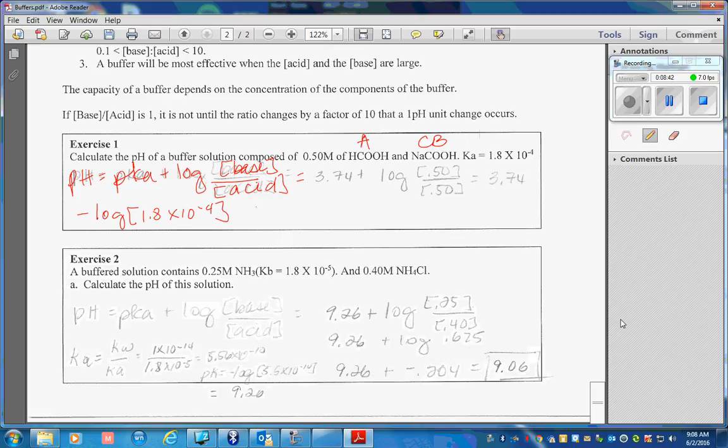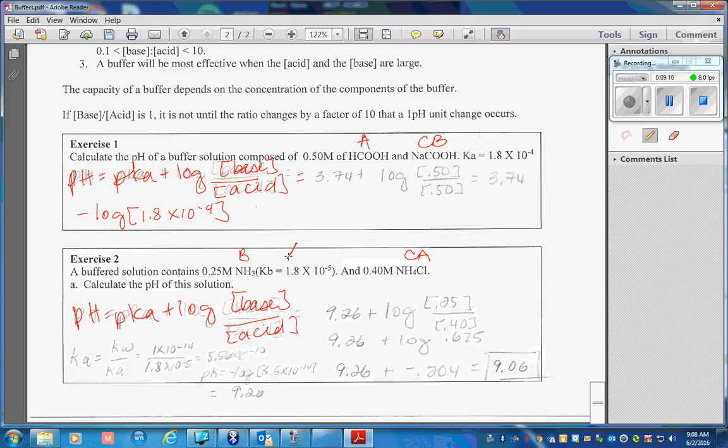Okay, it says that the buffered solution contains 0.25 molar NH3 and 0.4 molar NH4Cl. So here we have a base and its conjugate acid. Calculate the pH of this solution. The pH is equal to pKa plus the log of the concentration of the base over the acid.